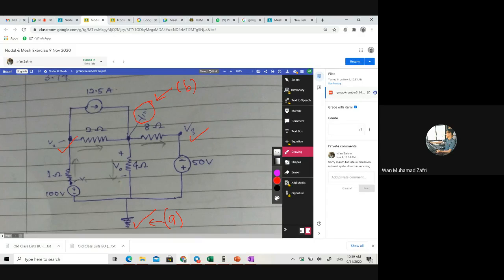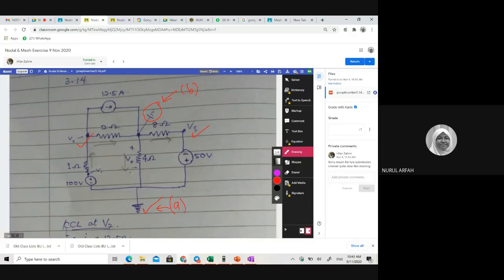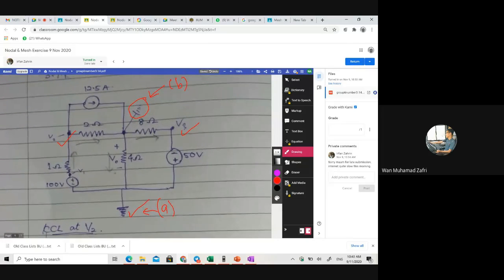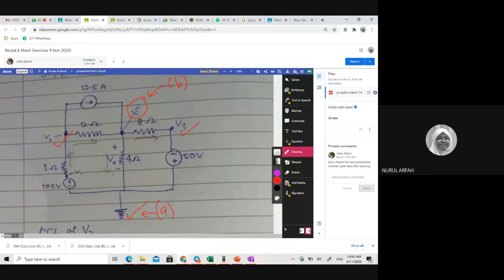This is me, Irfan. Ma'am tanya mana tadi, yang B itu yang A? 3.14, right? Yes. No, I mean in the diagram. Yes. Which one? I accidentally put 2 grounds there. It should be only B.